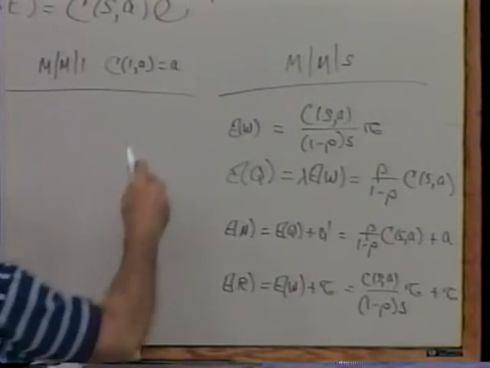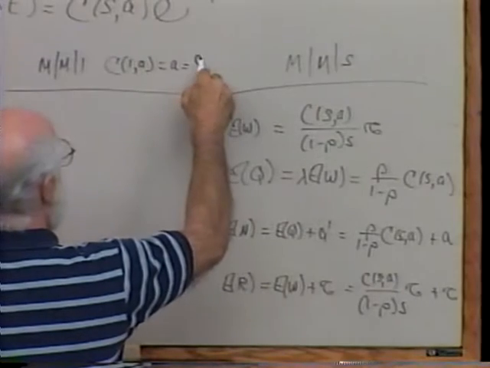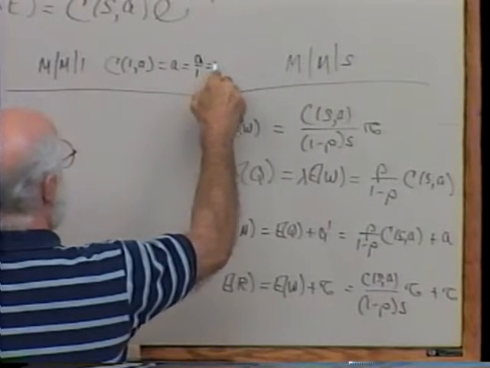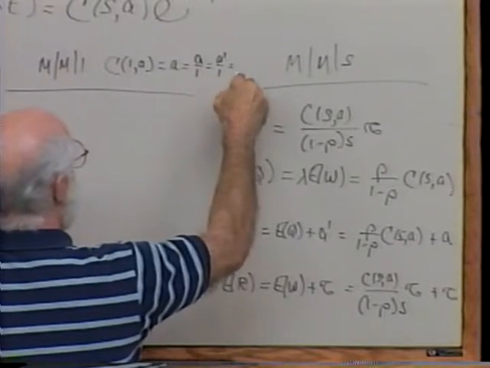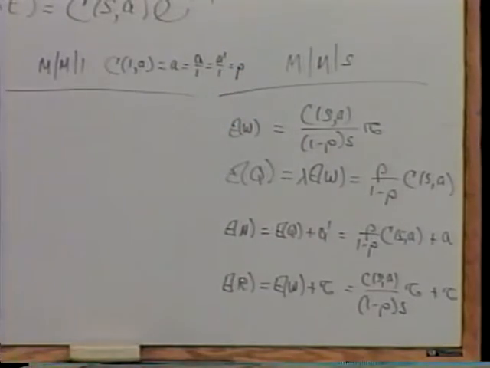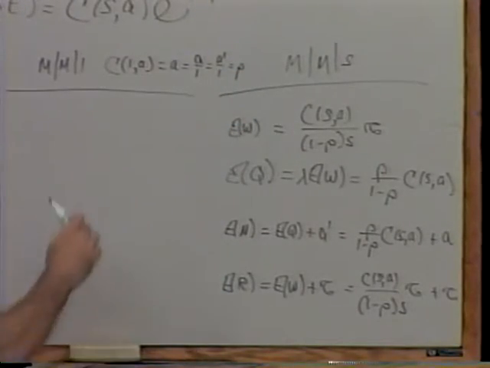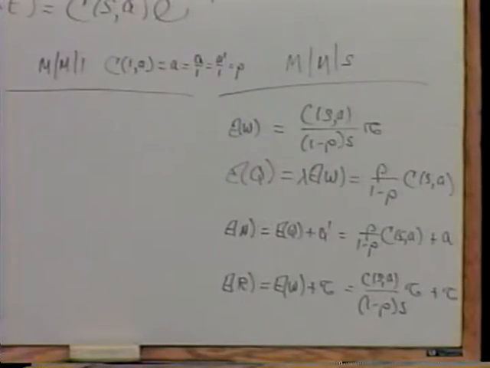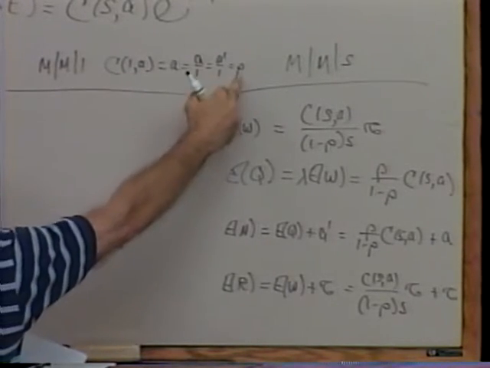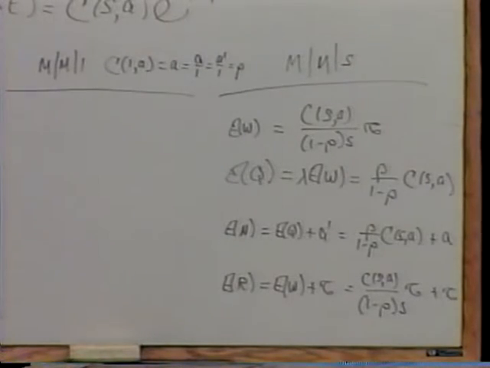And of course, that's the same thing as A over 1, which is the same thing as A prime over 1, which is the same thing as rho. So the Erlang C for one server is the same thing as the server utilization. The fraction of time that the server is busy is equal to the utilization of the server. So if the server is busy 80% of the time, that means 80% of the customers are blocked.